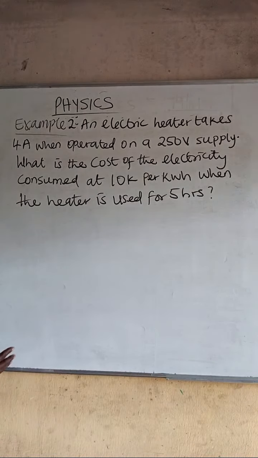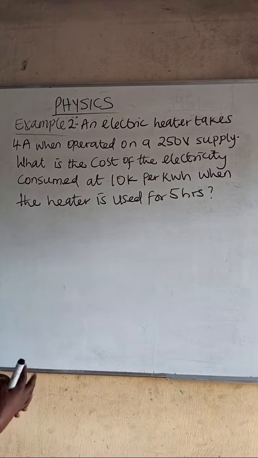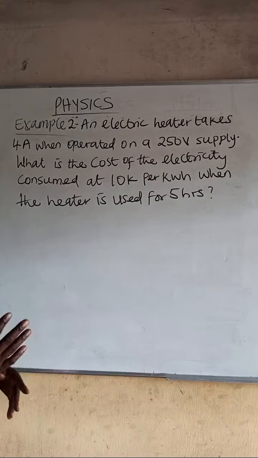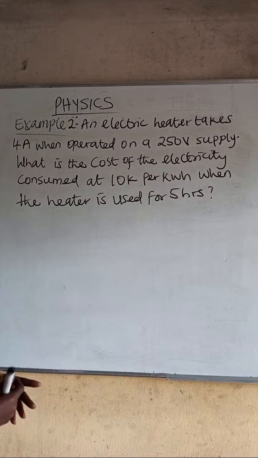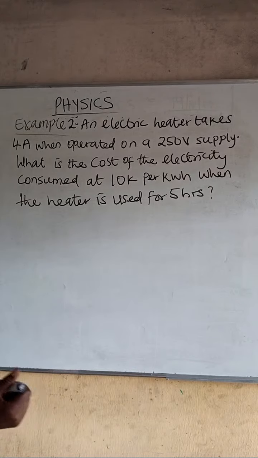What is the cost of the electricity consumed at 10 kobo per kilowatt hour when the heater is used for 5 hours? Now, going by this, we see that in this particular question the heater uses a current of 4 amperes.